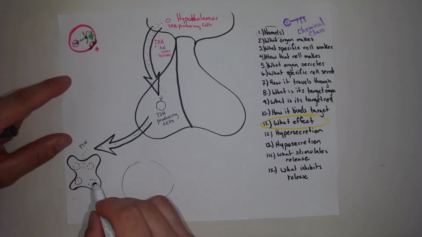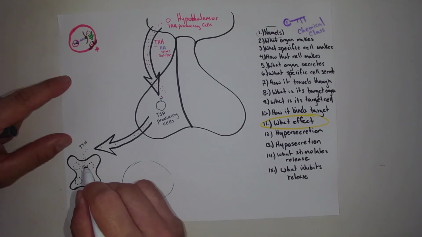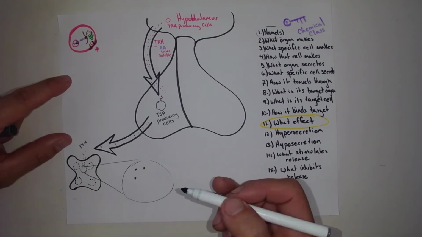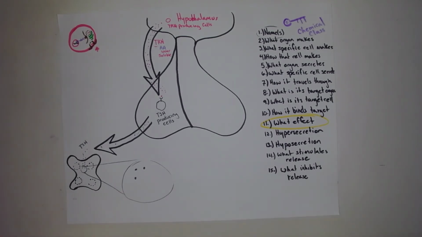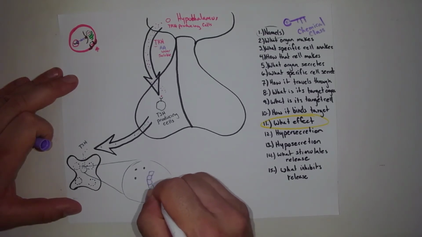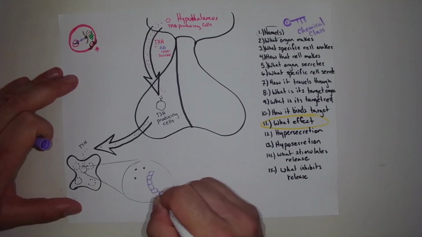And the cell types it's going to affect in the thyroid gland are going to be follicular cells. Follicular cells surround this thing called a follicle.